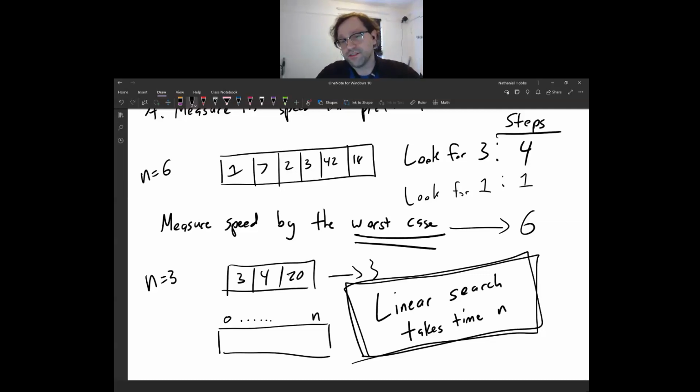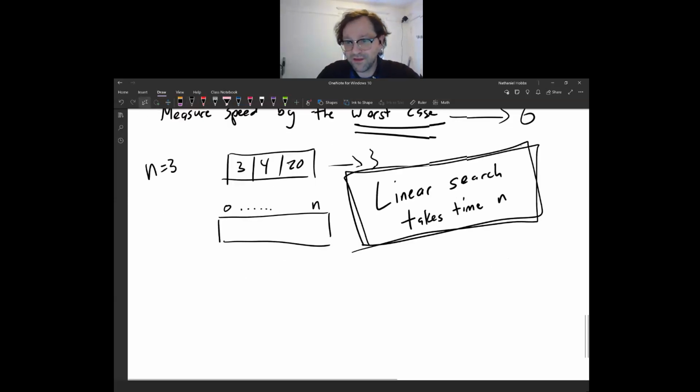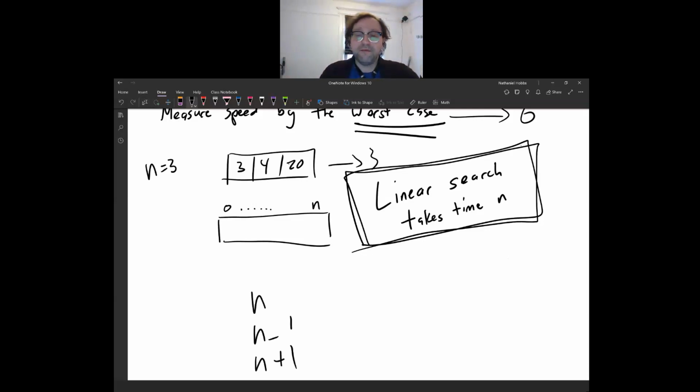Again, so here, is it n? Is it n minus 1? Is it n plus 1? That you don't need to worry about. Okay, somebody else said big O. Big O notation, you would say it's written like this. So it's a big O, and then the running time.